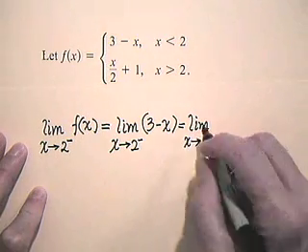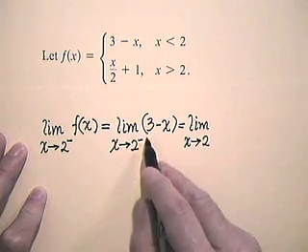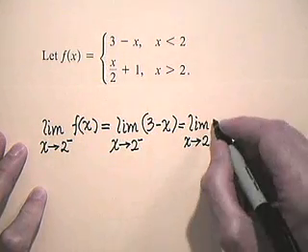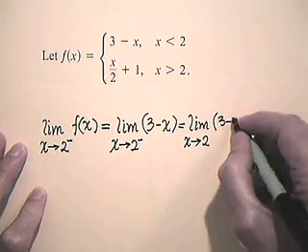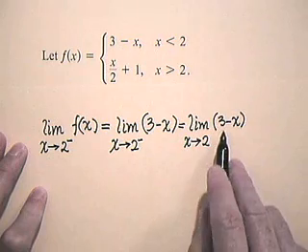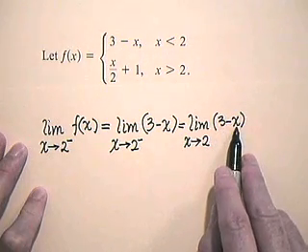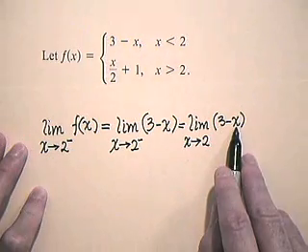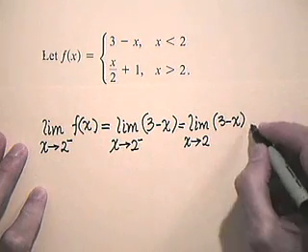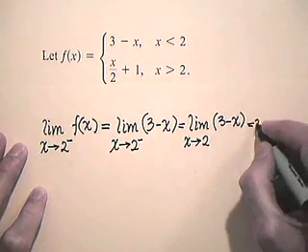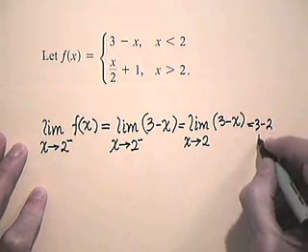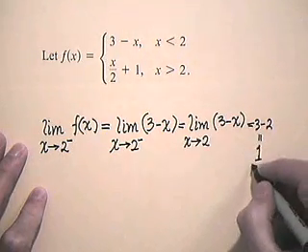So the left-hand limit as x approaches 2 of the expression 3 minus x will in fact be the two-sided limit for 3 minus x, and we know how to do that from our limit rules. It's just 3 minus the limit as x approaches 2 of x, which is simply 2. So we get 3 minus 2, which is simply 1.